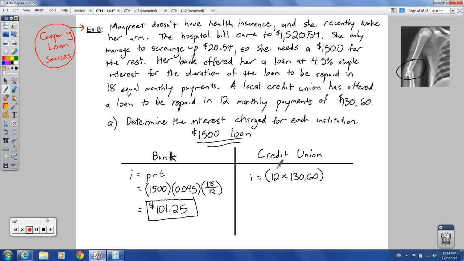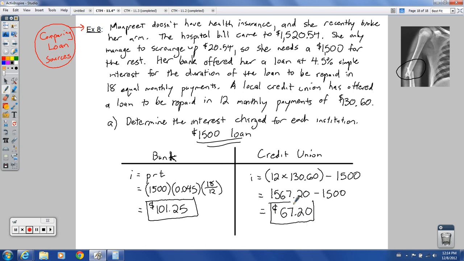That gives you the total amount, and you subtract the principal from that. So the total amount charged, including the finance charge, is $1,567.20, minus $1,500.